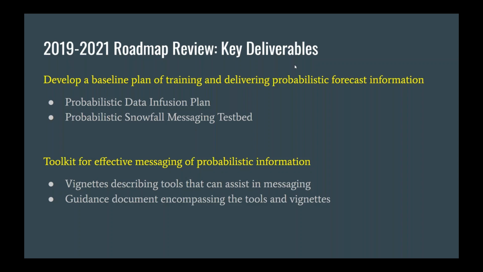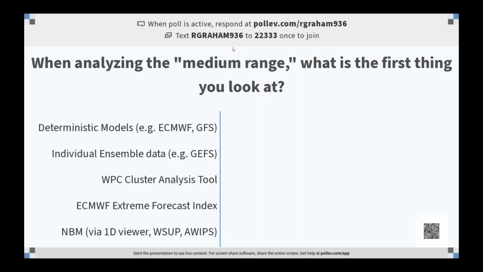Over the next few months, a variety of vignettes will be released on how you can tie these tools to messaging, and then there will be an overall guidance document encompassing all the tools and vignettes.